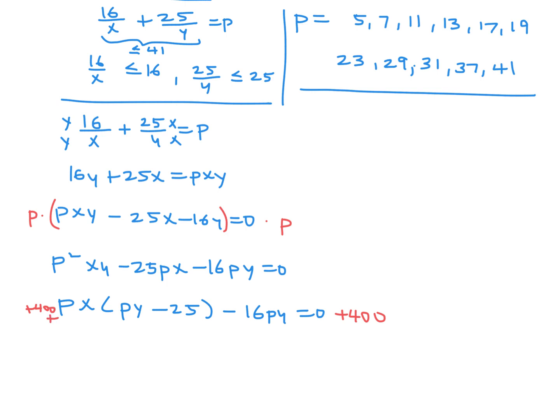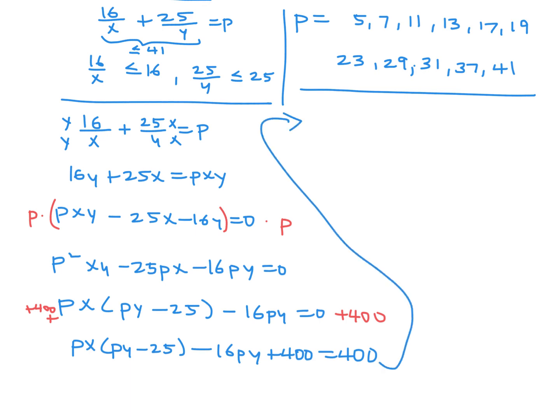And when you do that, you can factor this now. So let's write this out a bit differently. Let's just rearrange it a little bit differently and make it look a little bit obvious. So plus 400 there, and then 400 there. All right. So now we can factor this out. px times py minus 25, right?